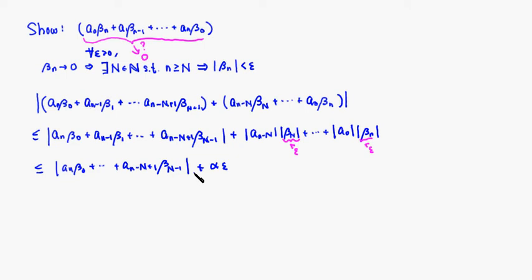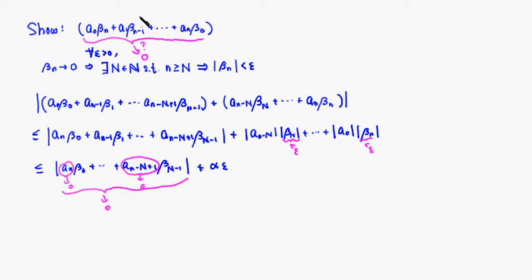All right, then as n approaches infinity, we know that this term goes to 0, and the next one goes to 0. And for the fixed capital N, this one also goes to 0. So the whole thing goes to 0.